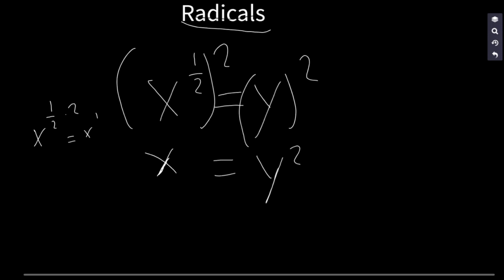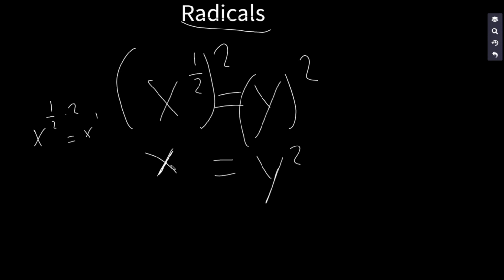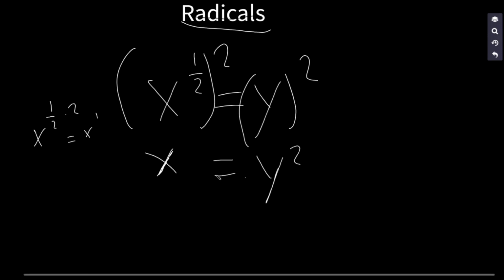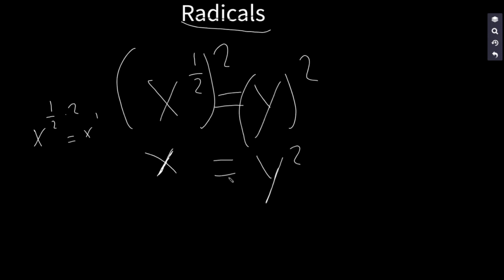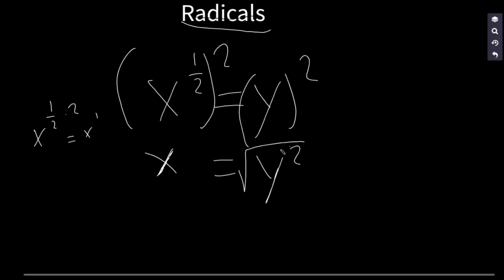Now, this might already be familiar from the definition of the square root we saw a couple of seconds ago, but let's go a bit further. Let's take the square root of both sides.